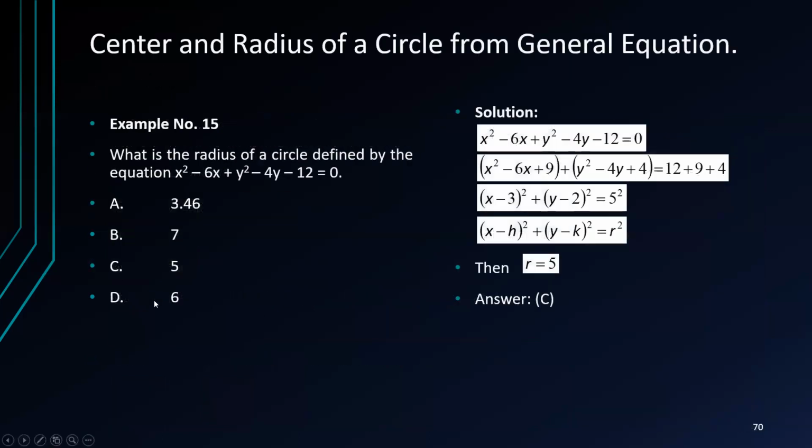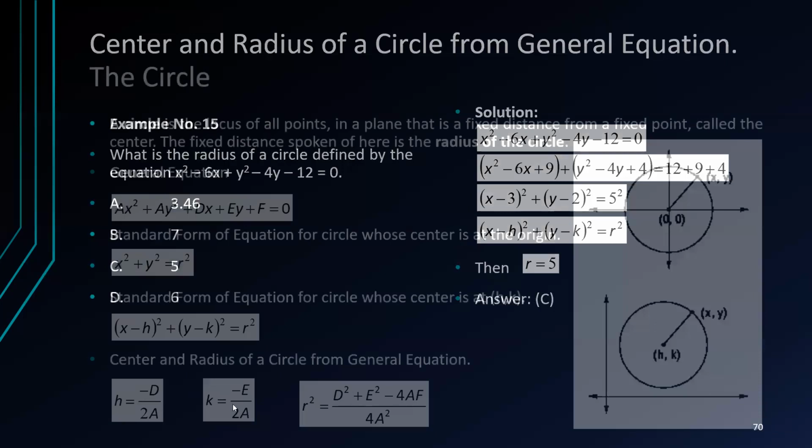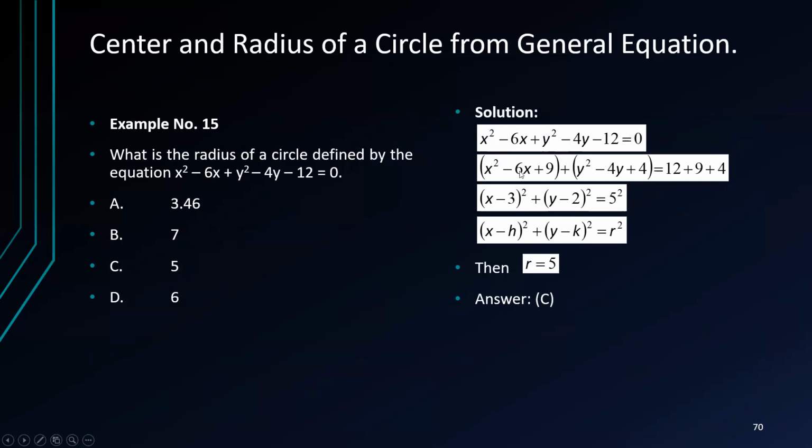Sample number 15. What is the radius of a circle defined by the equation x squared plus y squared minus 6x minus 4y minus 12 is equal to 0? Solution: we can use completing the square. The values here, 3 and 2, you can use with the formula, but if you are familiar with completing the square: x squared minus 6x plus 9, you add 9 there. y squared minus 4y plus 4, you add 4 there. So this becomes (x minus 3) squared plus (y minus 2) squared is equal to 5 squared, since 12 plus 9 plus 4 is 25.